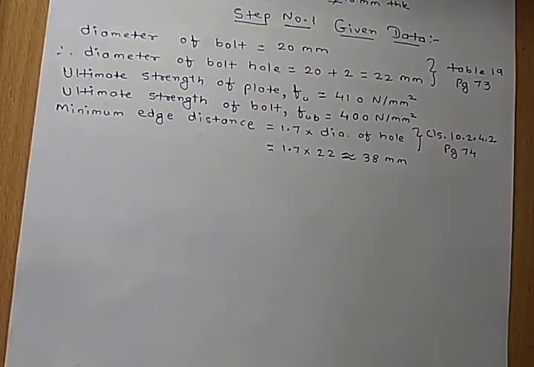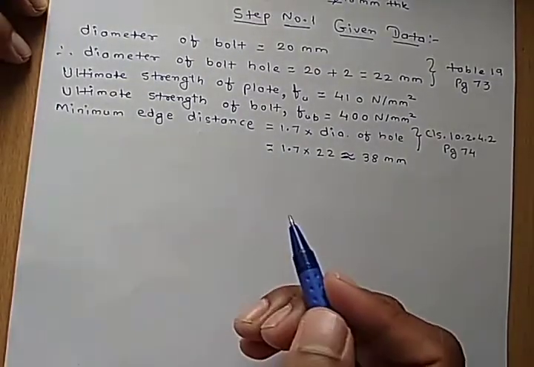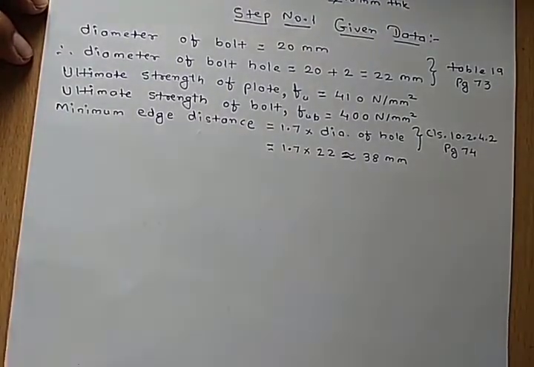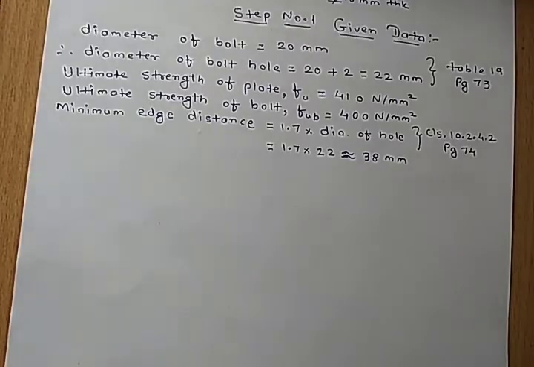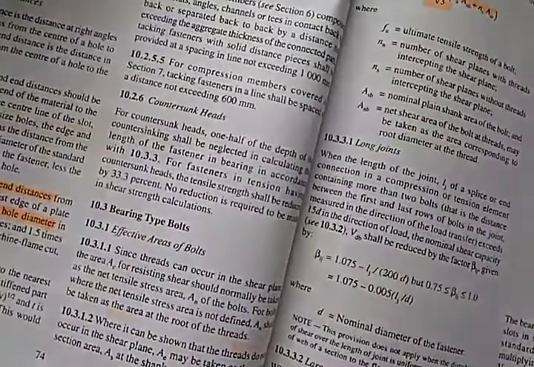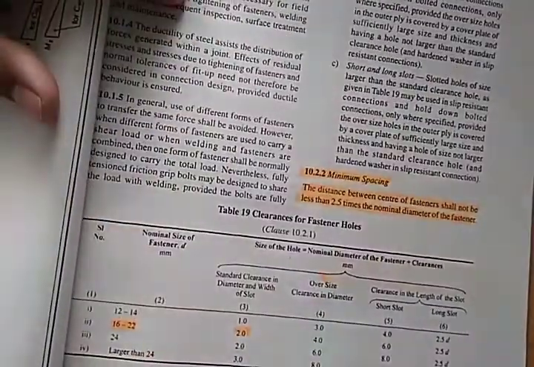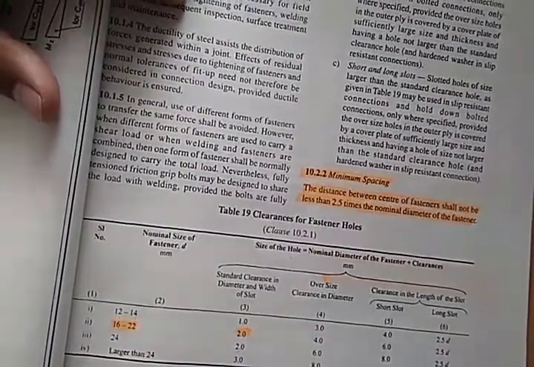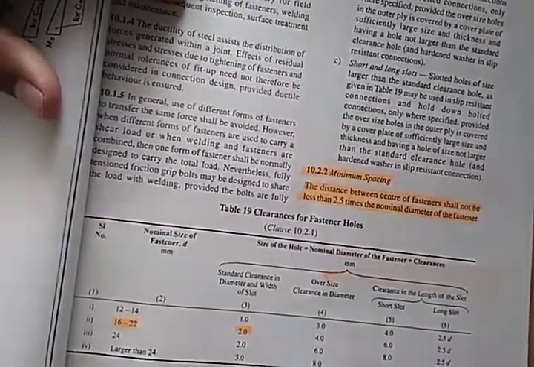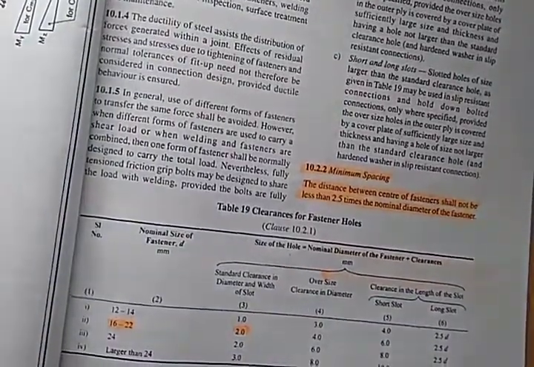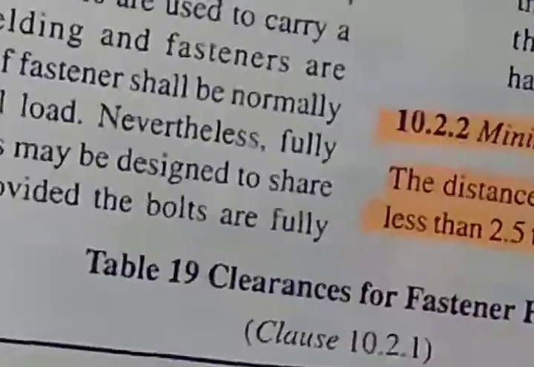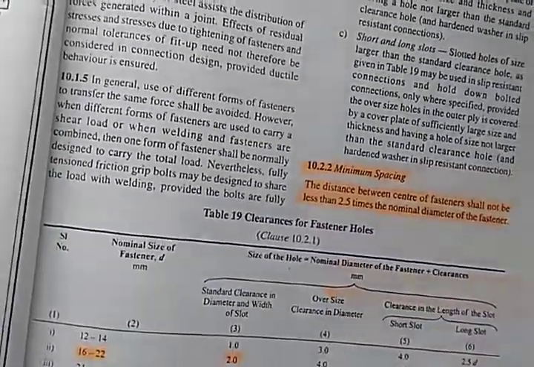Similarly, we can go with the minimum spacing criteria, or the pitch criteria, clause 10.2.2 of IS 800:2007. The distance between the centers of fasteners shall not be less than 2.5 times the nominal diameter of the fastener. This is page number 73, clause 10.2.2.